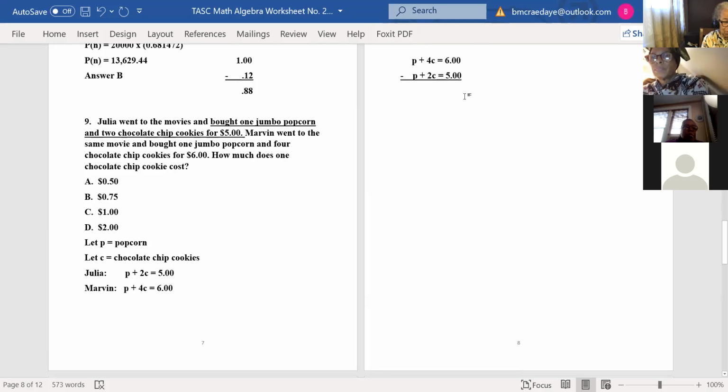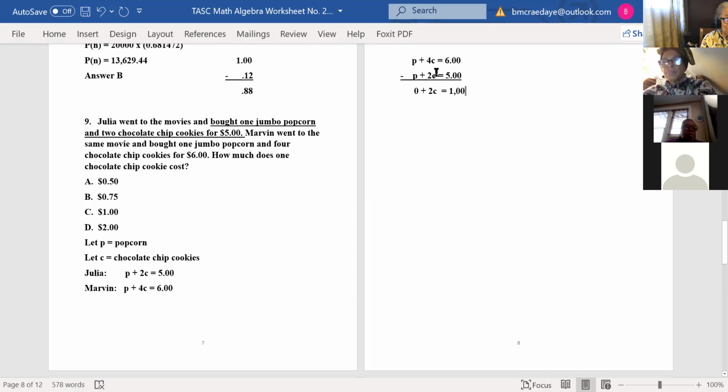So let's just put the 0 here. What's 4C minus 2C? That would be 2C. That's right, 2C. Now, what's 6 minus 5? That would be $1, right?